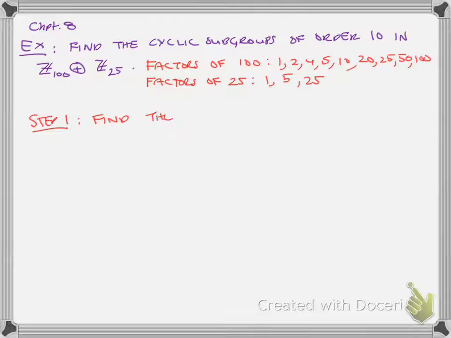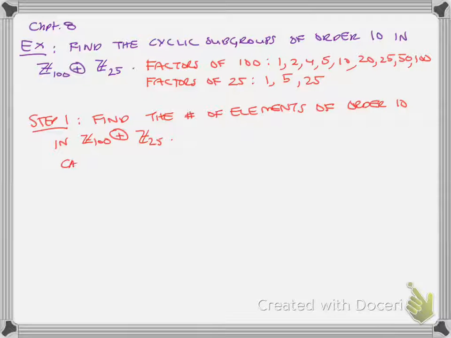of order 10 in Z100 cross Z25. Okay. And so we can look at cases. I've already listed the factors of 100 and the factors of 25.